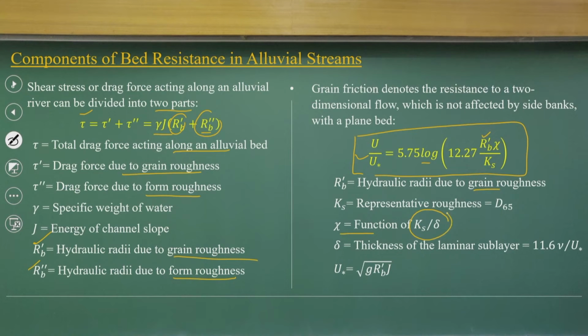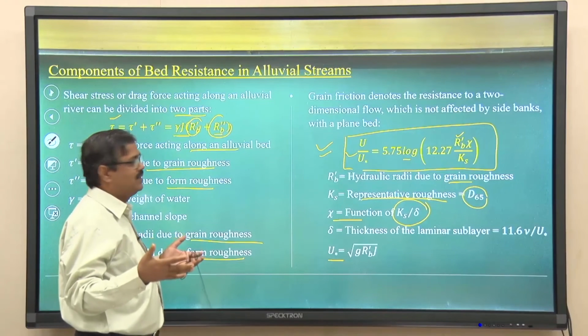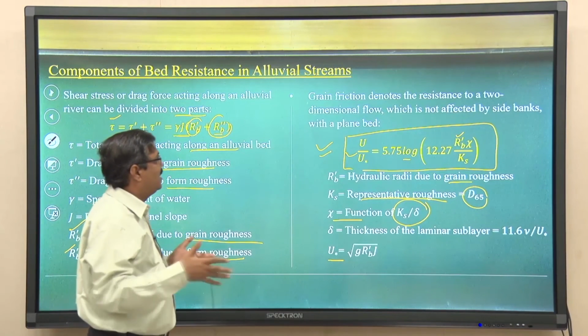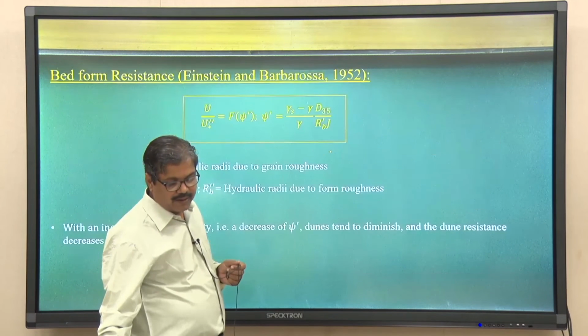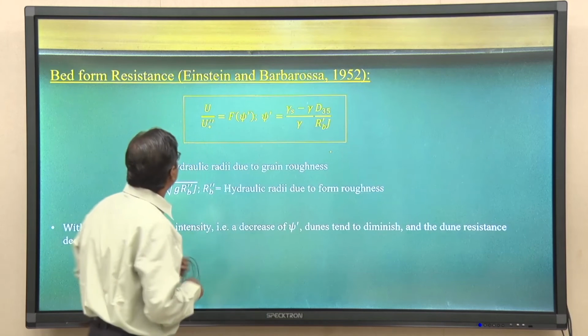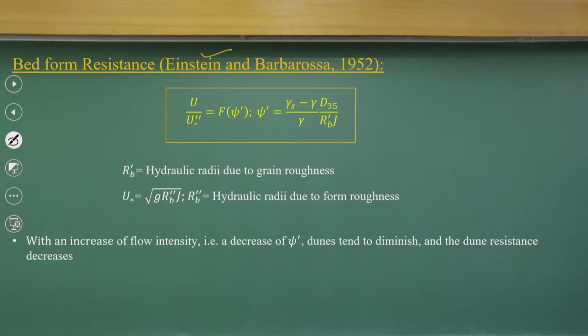Delta is the thickness of the laminar sublayer, Ks is the representative roughness, which is generally considered as D65, and this is the shear velocity. This velocity distribution we consider for two-dimensional flow, not affected by the banks, and with a plain bed, that is the condition we consider. Now, if you look at the next equations, which are very interesting, by Einstein Junior and Barbarossa, 1952, he tried to establish a relation between these two ratios.